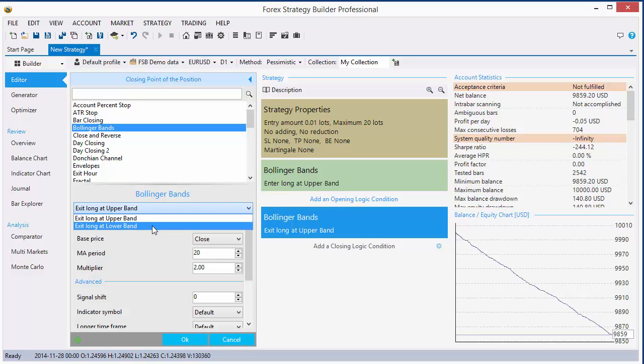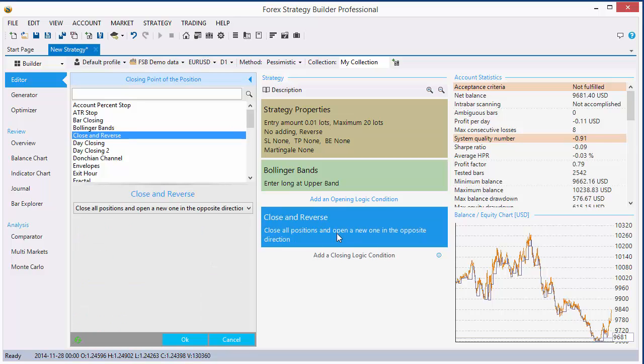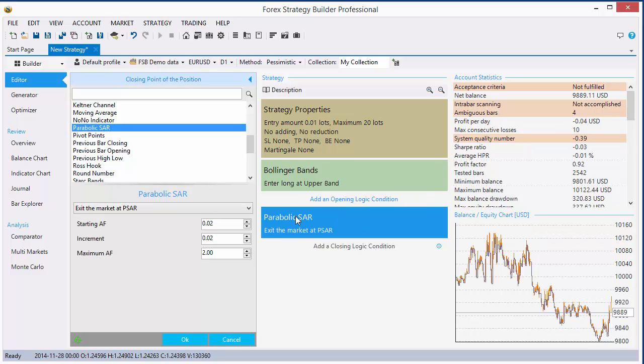And here we set the rule for exiting the long position, and the program determines the mirrored logic for the short positions. The Close and Reverse indicator is an exception because it forces the strategy to use only entry rules, and when the opposite rules are satisfied, the strategy closes the previous position and opens another one. It reverses the position. And we saw the parabolic SAR indicator, which also determines the entry direction.